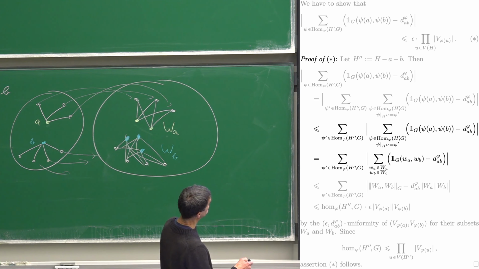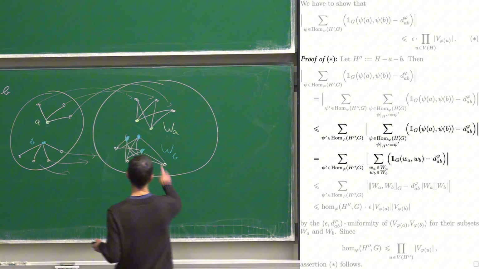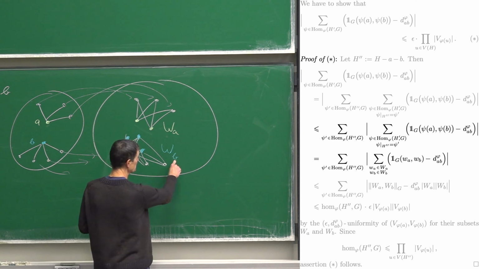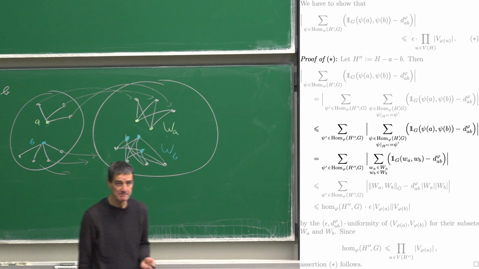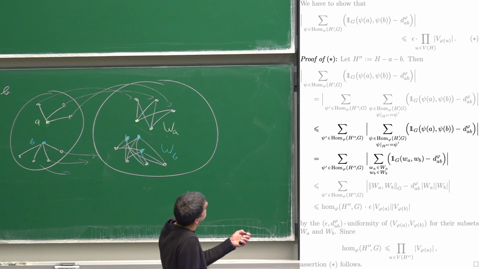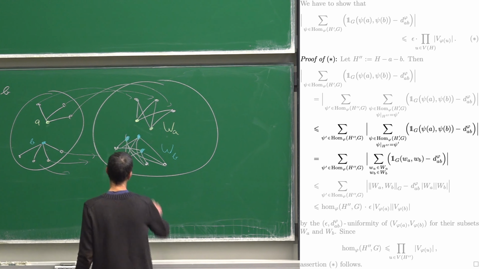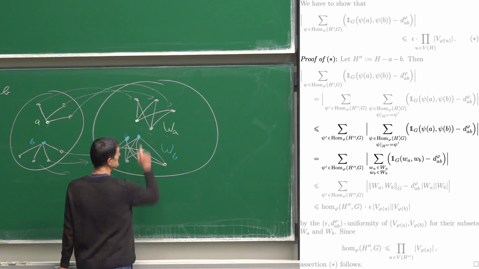And then the sum that we had up there is over all the choices of a vertex in WA and a vertex in WB. And what do we sum? Well, the value is this one indicator function of psi A and psi B, and that is one if and only if these things are adjacent.